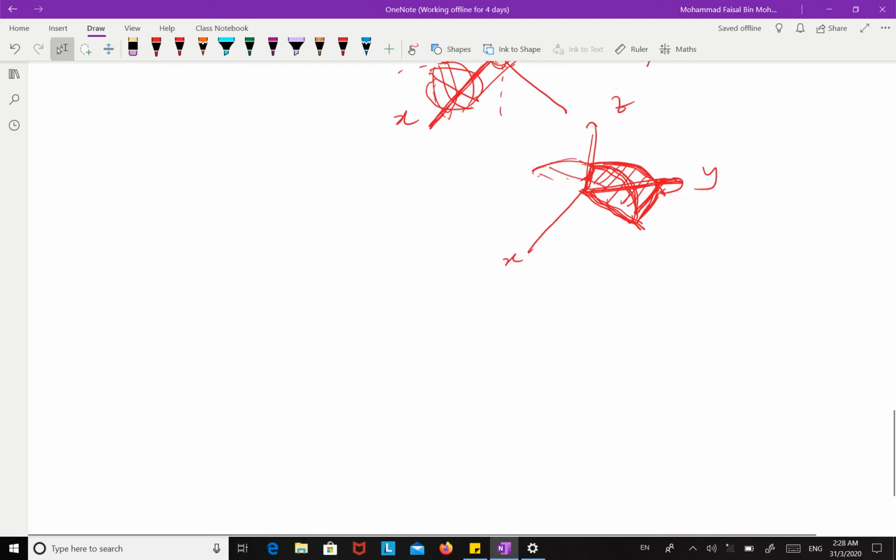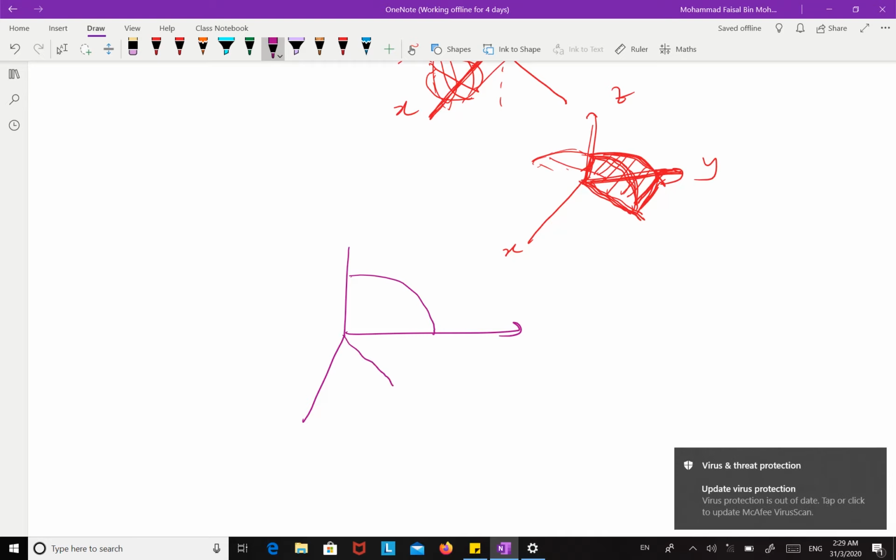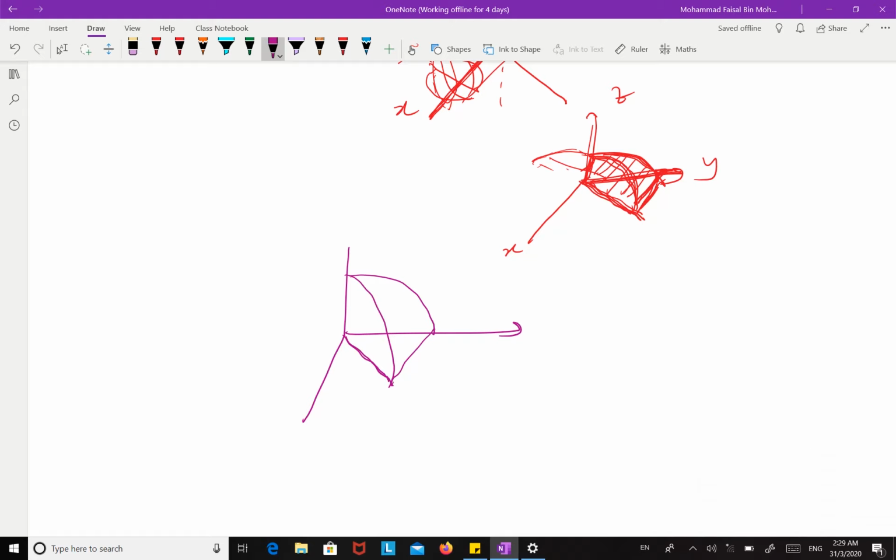If I draw back again, it will be sort of one here, another one is here. So this is the region where y equals x. And this is the region where y squared plus z squared equals 1.